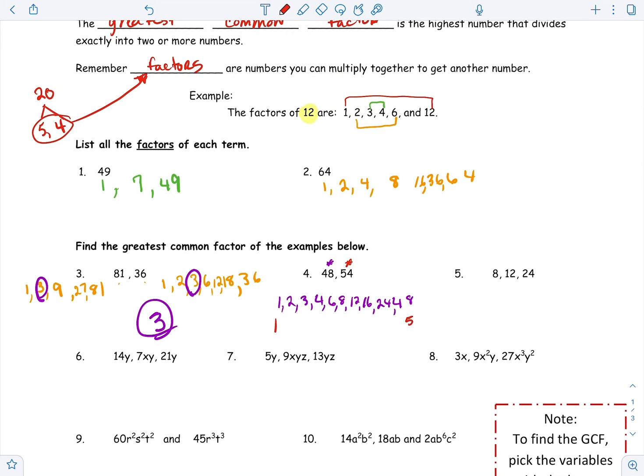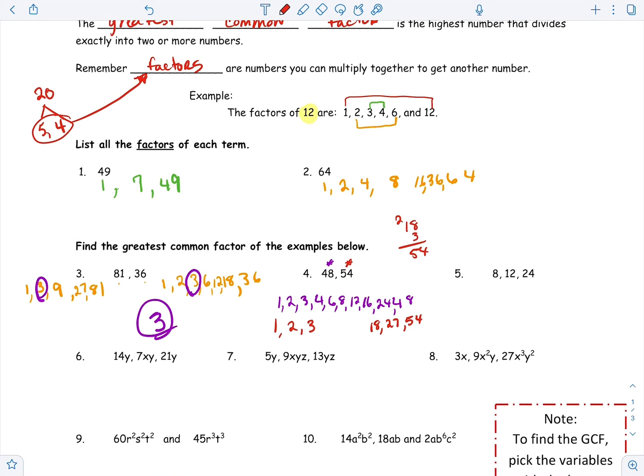What about 54? Well, we know we have 1 and 54, 2 and 27, 3 and, let's see, is it 18? Yes, it is.